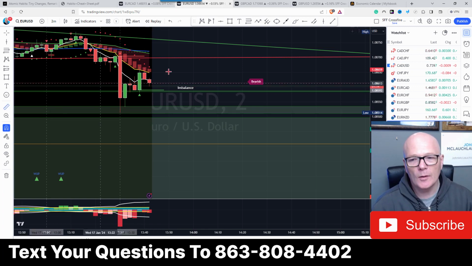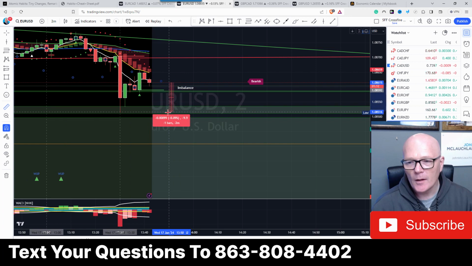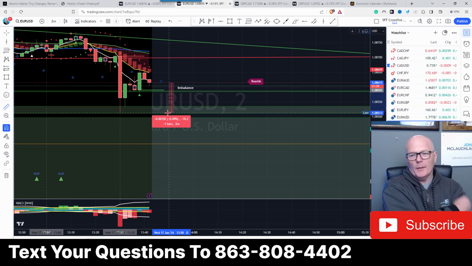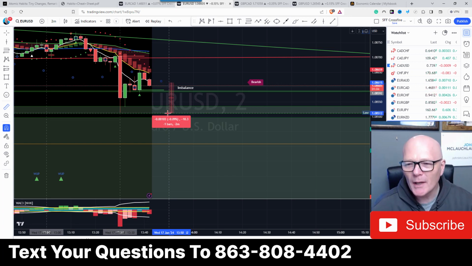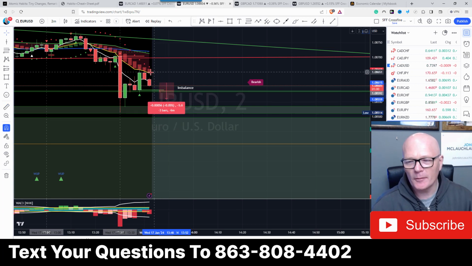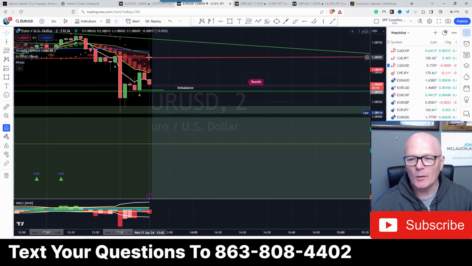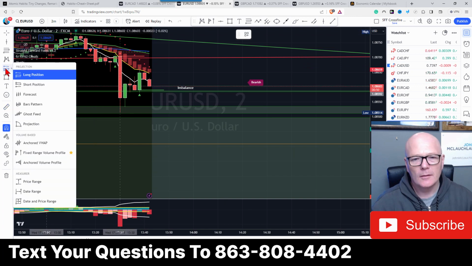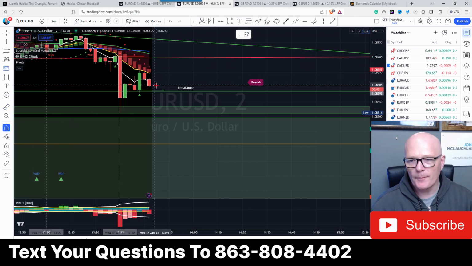Okay, so from here down to here is 10 pips. So are we interested in looking at that? Possibly not. Okay, because again, there's not really much in it, and if we're going to take our stop loss up here, okay, then that is going to be comparatively the same.